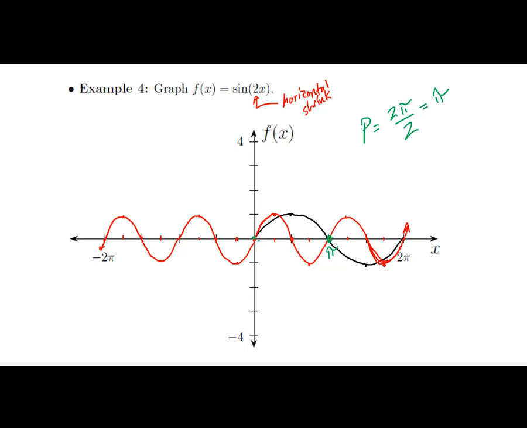And you can see why it's so important to understand the behavior of the basic cosine function and the basic sine function, because you have to have that in your memory banks to be able to quickly say, here's my new period, so this is how I'm going to sketch the graph.